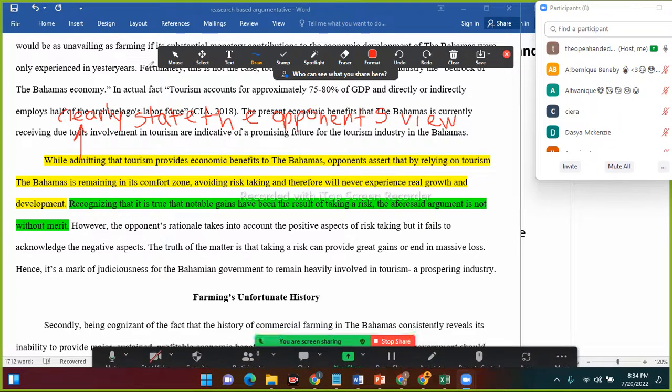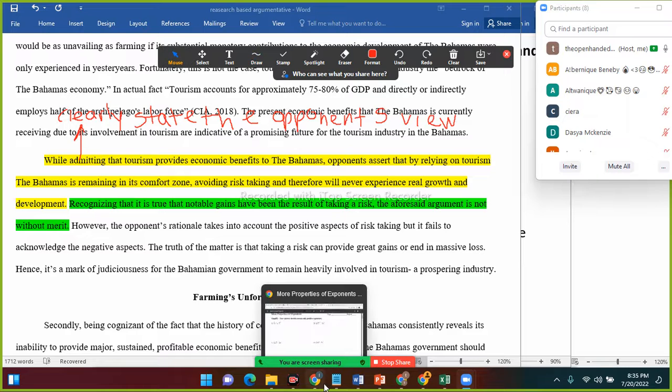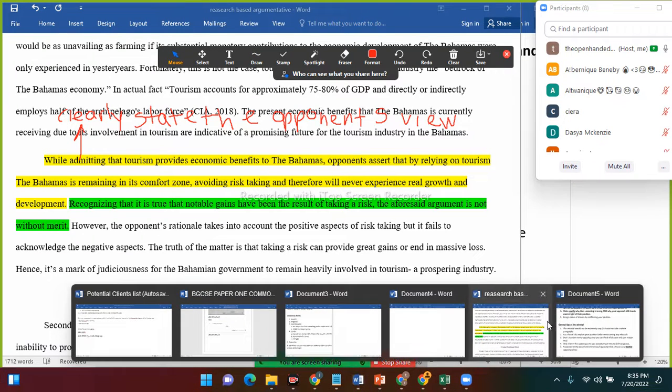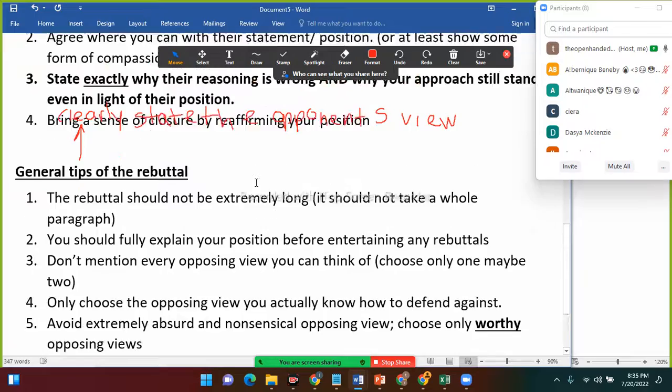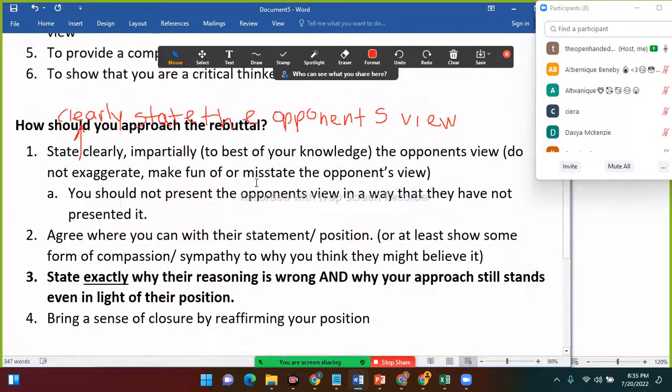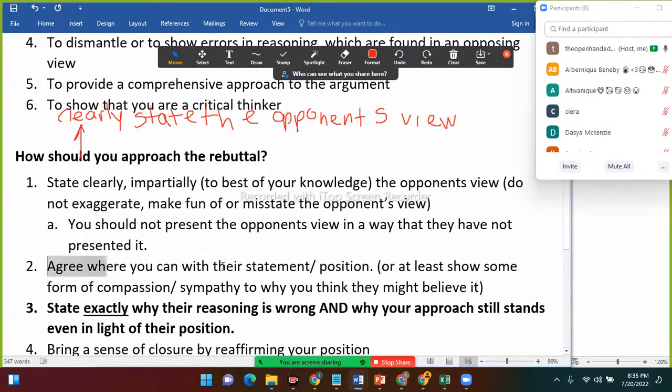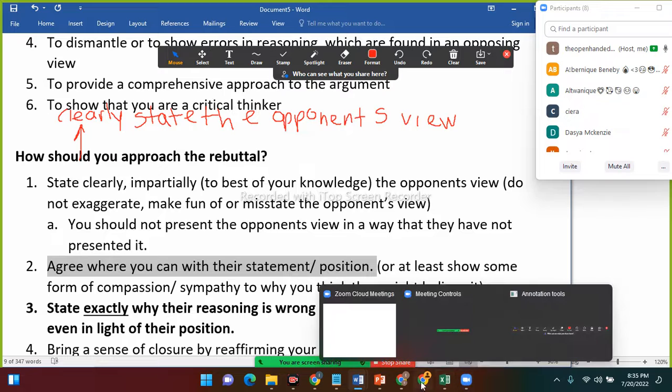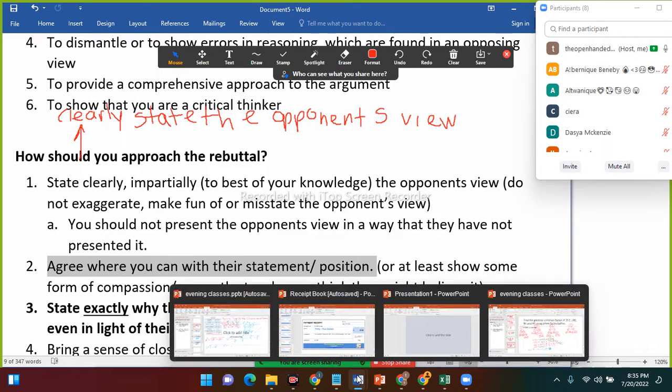If we look carefully, I said that when we are doing the rebuttals, we must agree where we can with their position. All right. So if we look carefully, I didn't cast the argument totally aside.